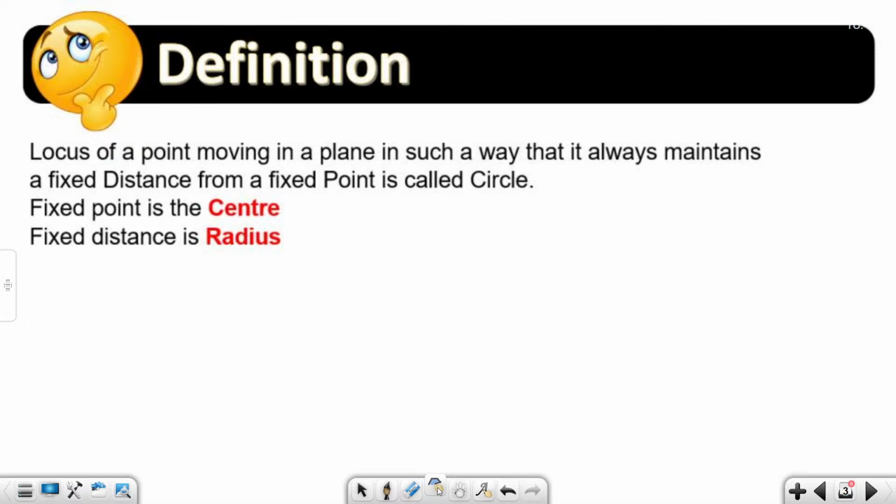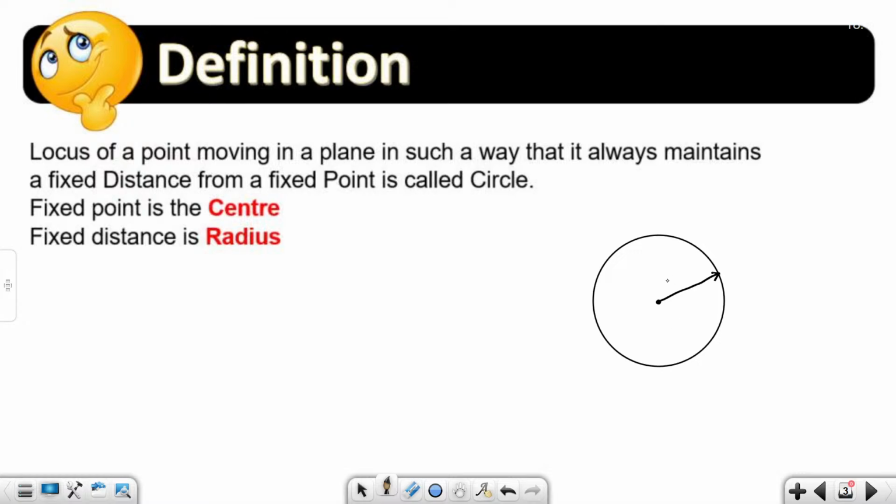This we all know from very childhood, that a circle is always having two things. One is its center, another one is its radius. And this radius is fixed for a particular circle.